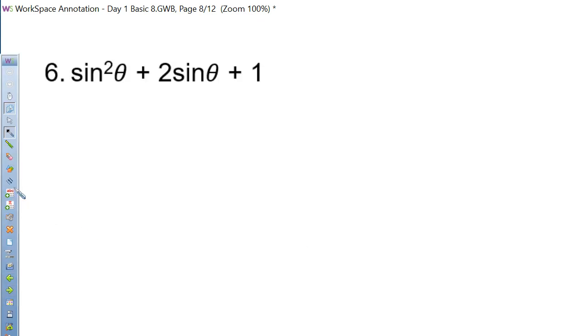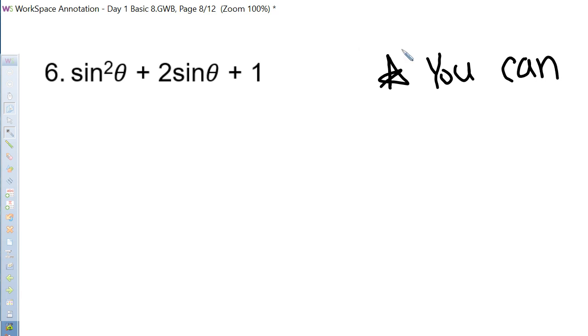Now, this example, really, we're not doing this one because it's not here the way it's intended to be here. The only thing I do want you to write down here is to make yourself a note that you can factor trig identity.